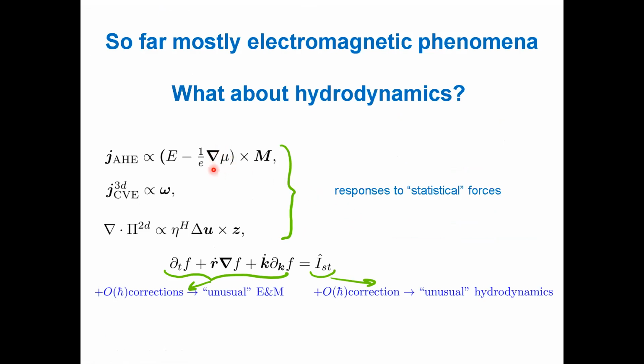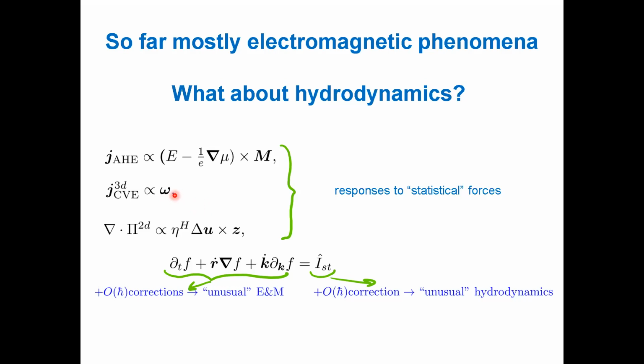So the gradient of electrochemical potential can drive whole currents. I will talk about a chiral vortical effect in a second, but in principle, in a chiral crystal, there is a current that flows along the rotation direction of the crystal or of the fluid. Okay, and this is the statistical force.